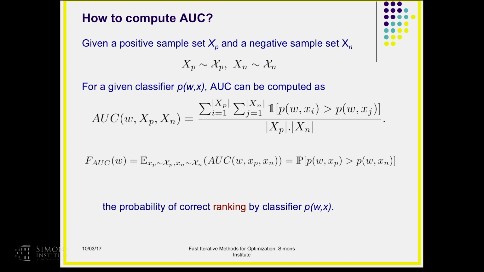So you look at all the pairs, and for each pair you see if you have a correct ranking, right? This is also known as the ranking loss. It's very similar to the accuracy, except now you're computing this error for all pairs.